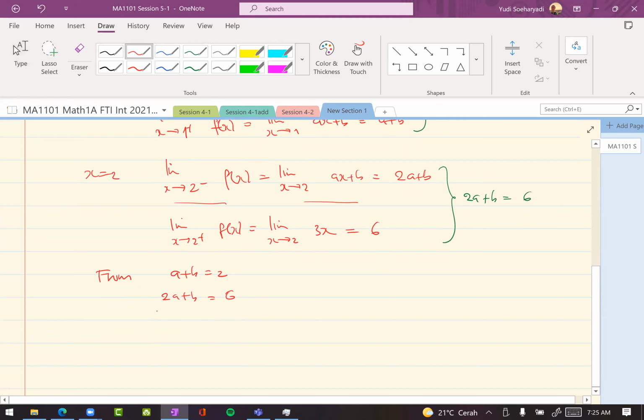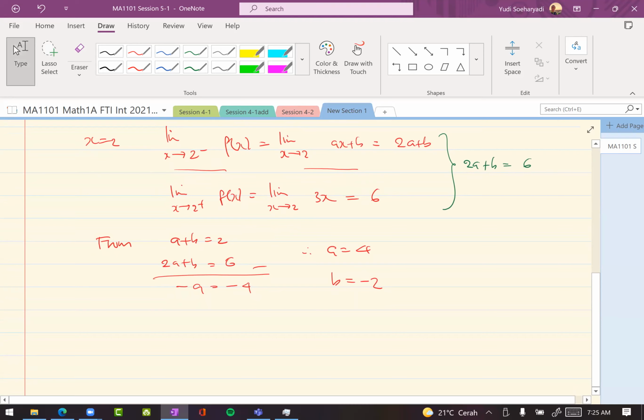For example, you can subtract them. Then the b disappears, right? So you have only minus a. So 2 minus 6 is minus 4. So a equals 4 and b should be minus 2.